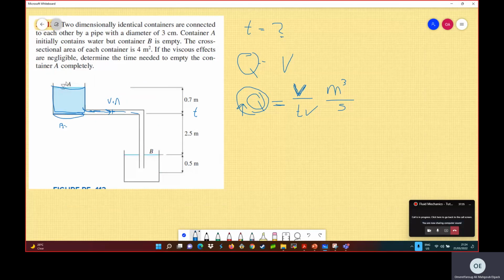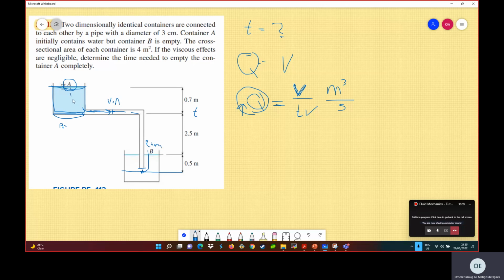So we apply the Bernoulli equation. Let's assume we apply it between point A here at the free surface of tank A and here, not exactly at the exit of the pipe, just a little bit of distance, so that the exposed pressure is atmospheric, P atm.